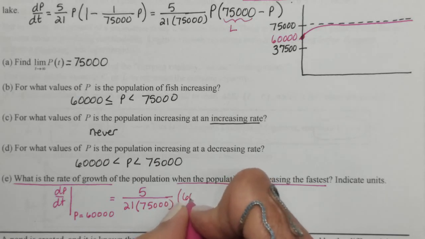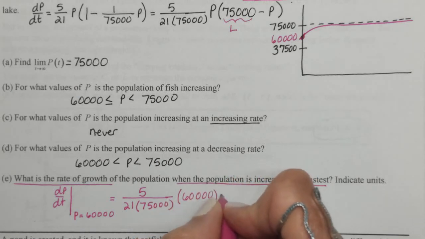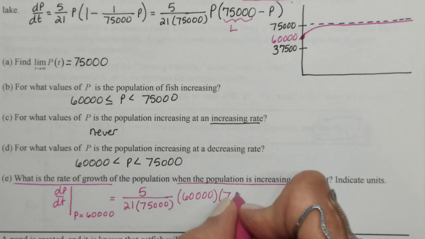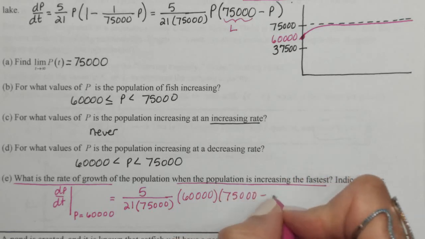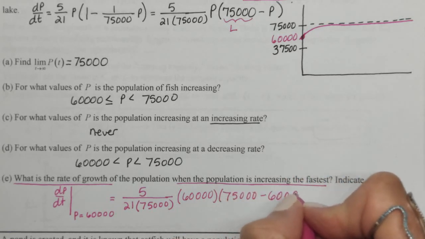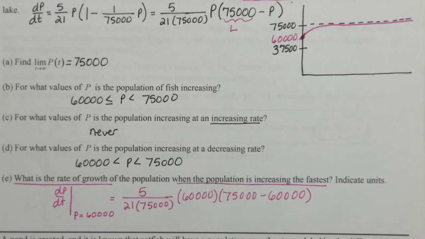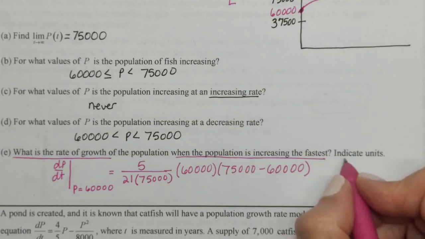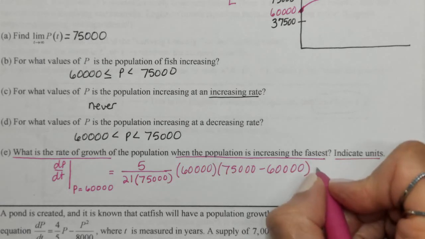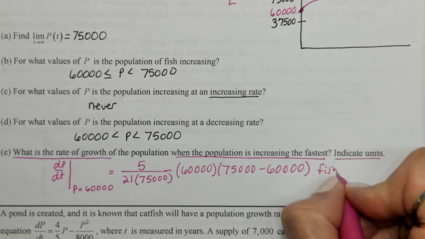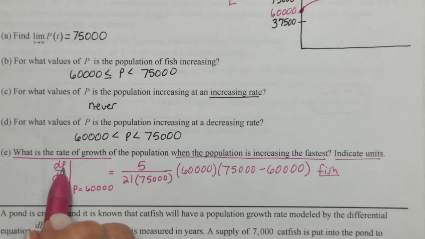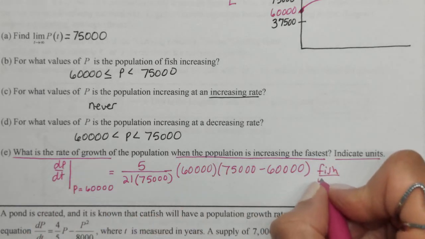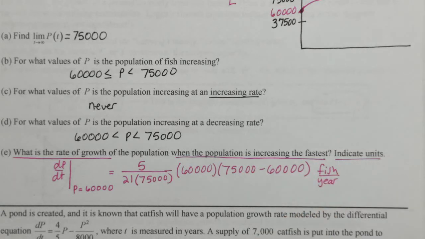When P is 60,000, and then we have our limit minus 60,000, and I'm definitely not going to do any more simplification for that. I do need to indicate units, so this would be fish per, it's the units for P divided by units of T, and again this is in year. So that would be my safe stop spot, my final answer.